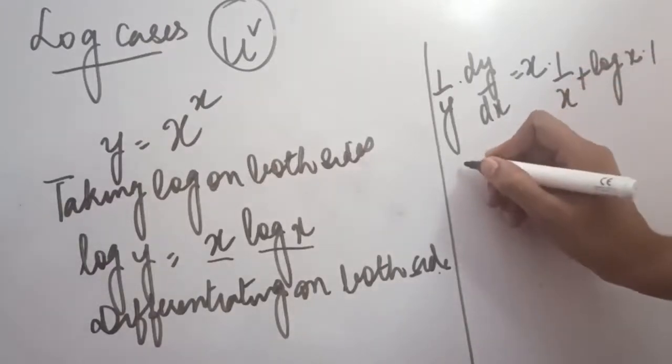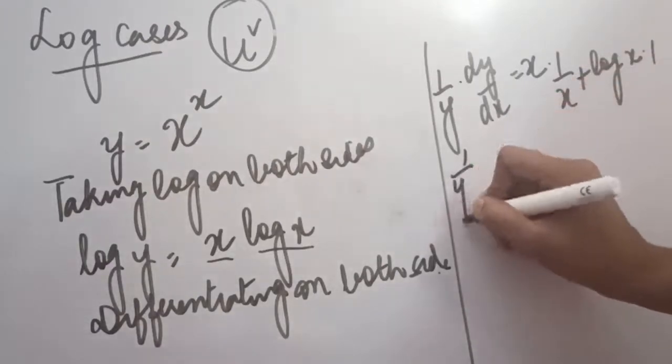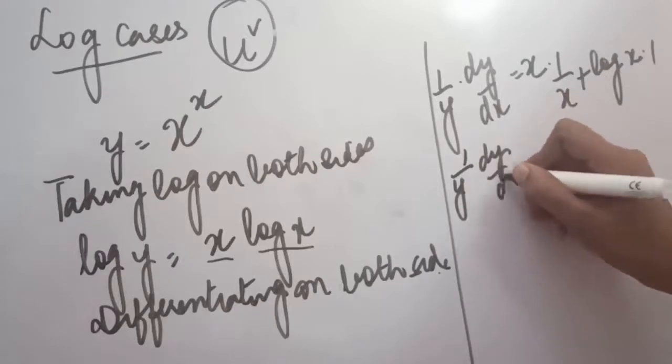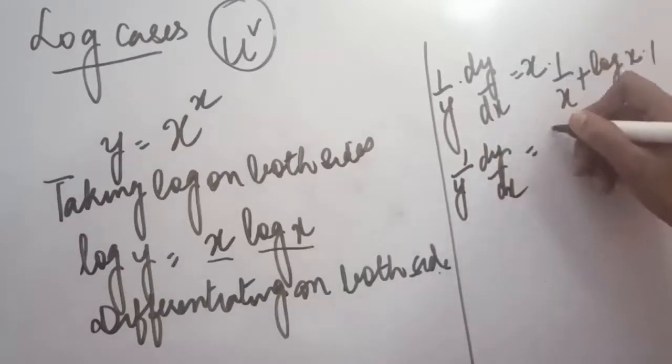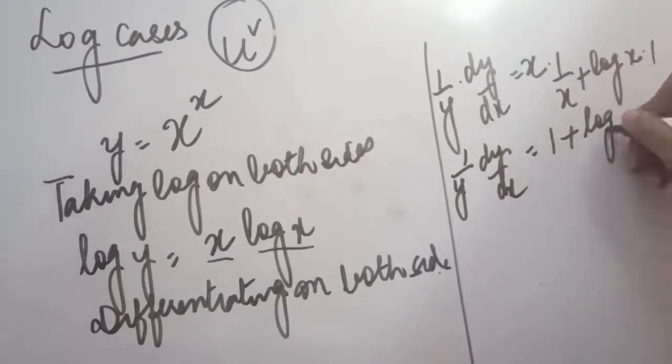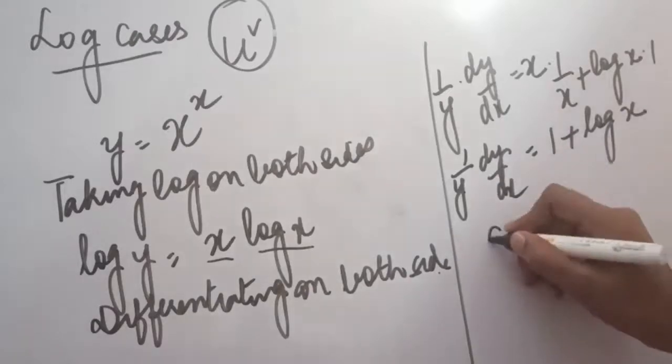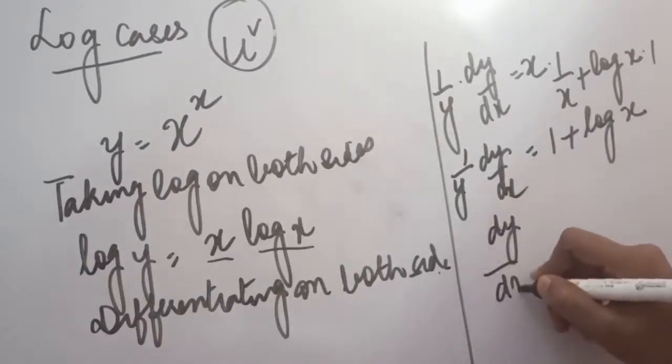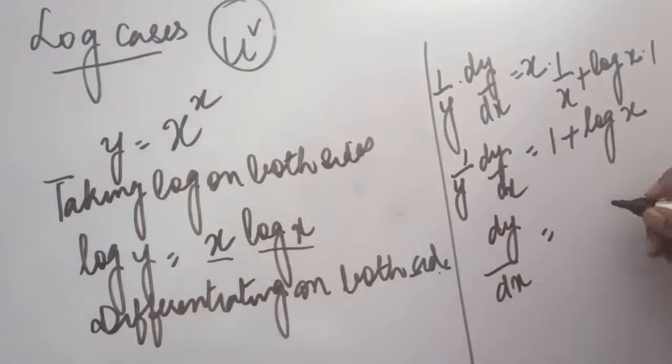So here we can say that it will be 1 upon y dy upon dx. This will be cancelled. It is 1 plus log x. So ultimately if you have to show the differentiation only, the y is divided, but it will be going there, so it will be multiplied. So y into 1 plus log x.